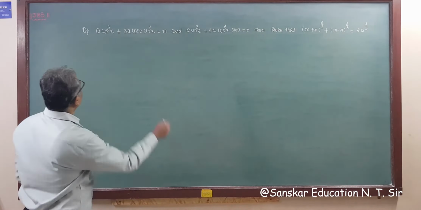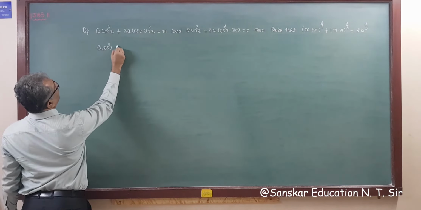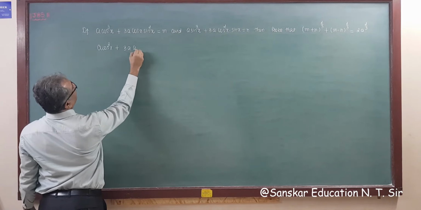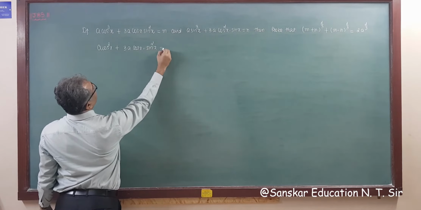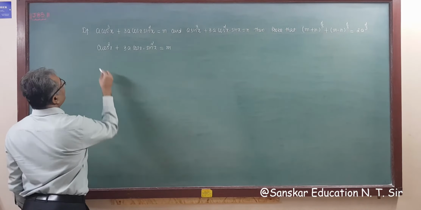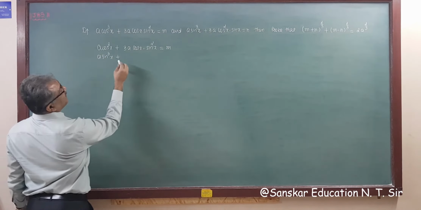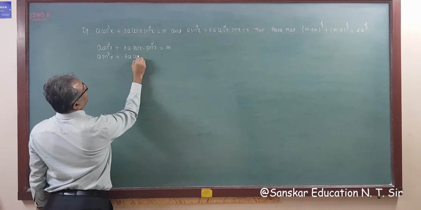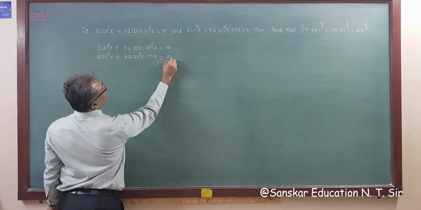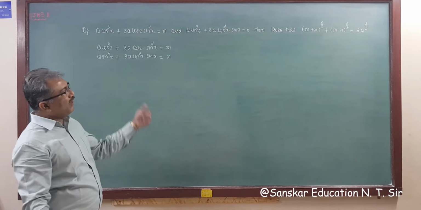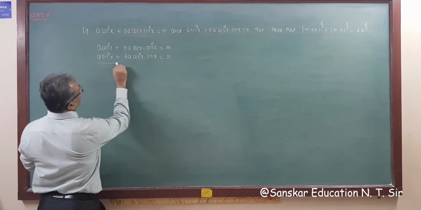So here, a cos cube x plus 3a cos x sin square x is equal to m, and a sin cube x plus 3a cos square x into sin x is equal to n. If we want m plus n, then we have to add these two equations. So adding this.